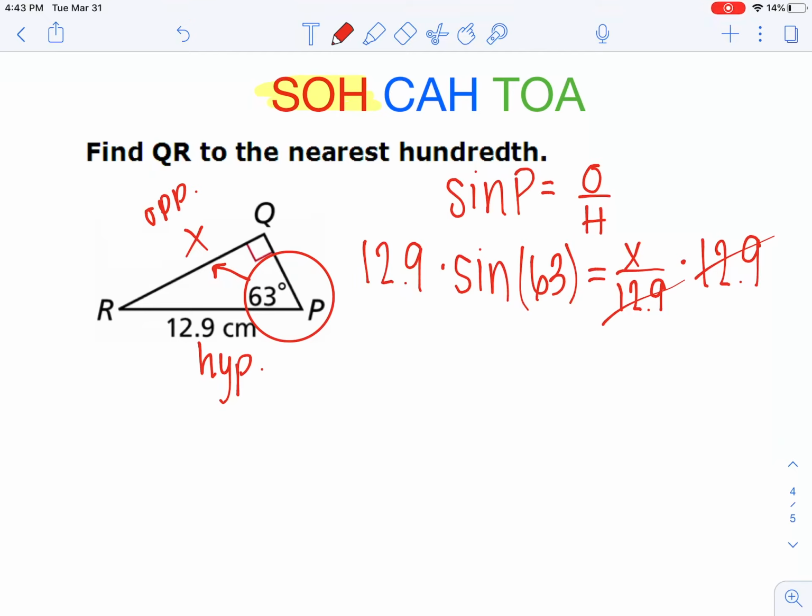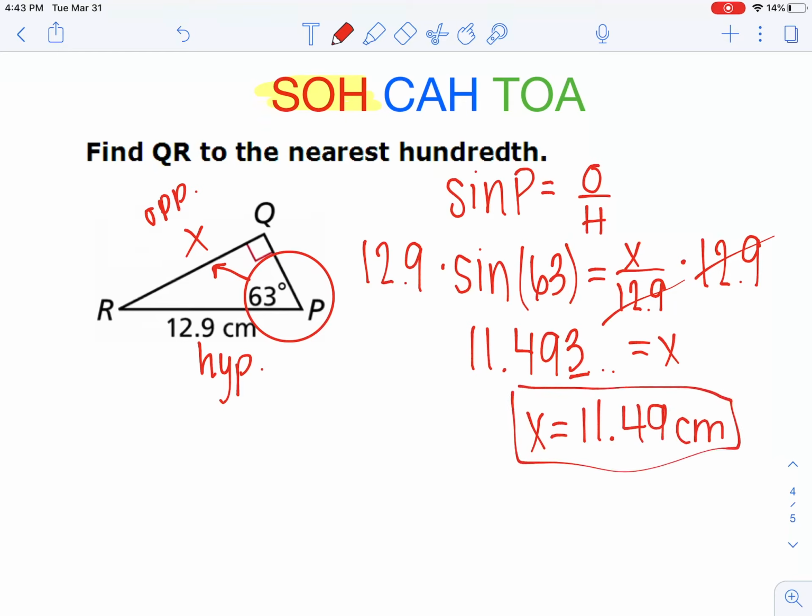If you put the side on the left, 12.9 times sine of 63, put that in your calculator, you get 11.493 equals X. So this one is going to round down. We have X equals 11.49 centimeters.